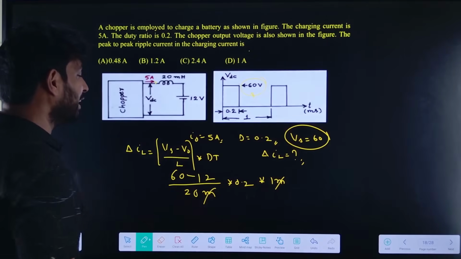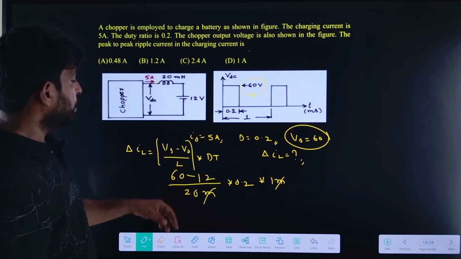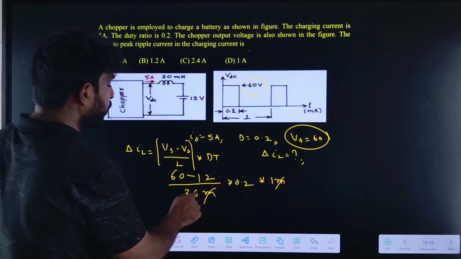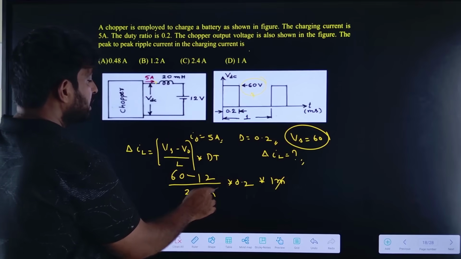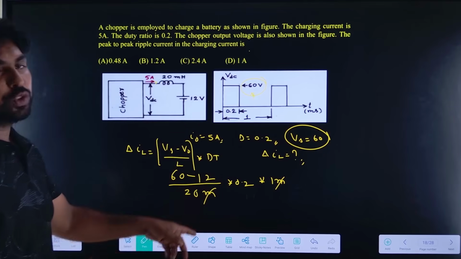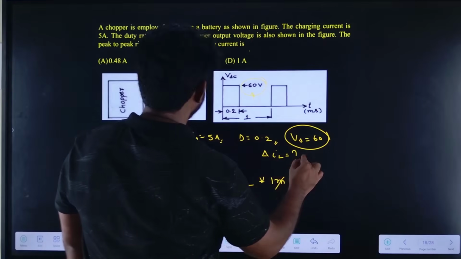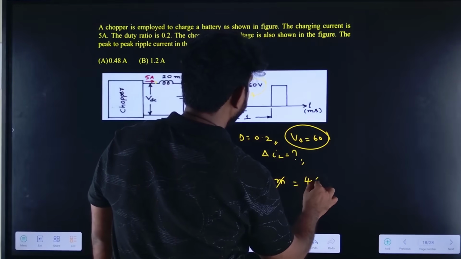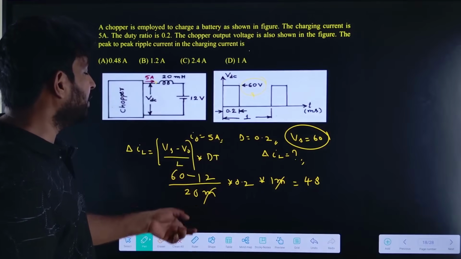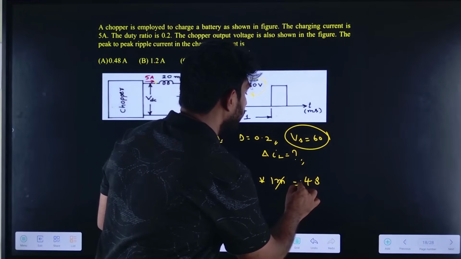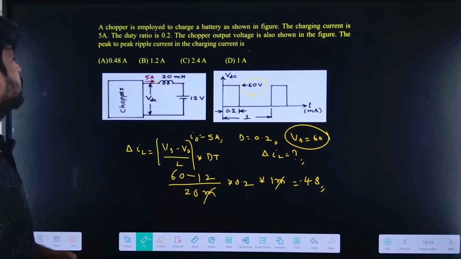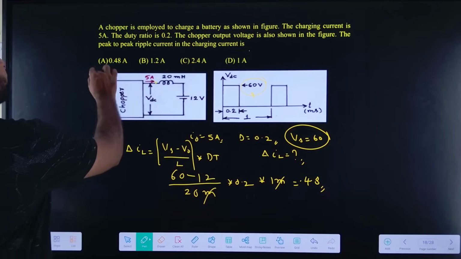Millisecond and millisecond will get cancelled out. So 60 minus 12 is 48. 48 divided by 100 is equal to 0.48 amperes.